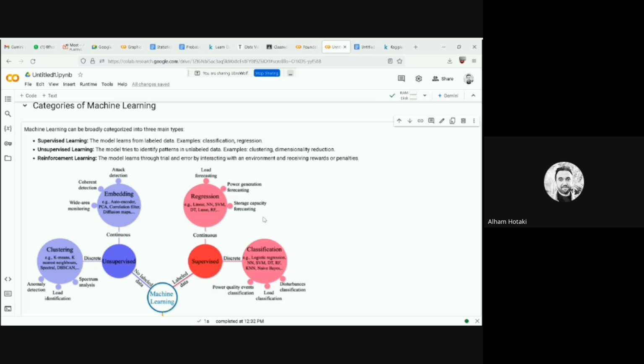Reinforcement learning is where the model learns through trial and error by interacting with an environment and receiving rewards or penalties. So this is another type of learning. The model predicts something, then it assesses its performance. We already explained some of the performance evaluation scores previously when we were studying regression models, how to evaluate the model's performance, through positives, through negatives, sensitivity analysis, accuracy scores, and other types of scores.